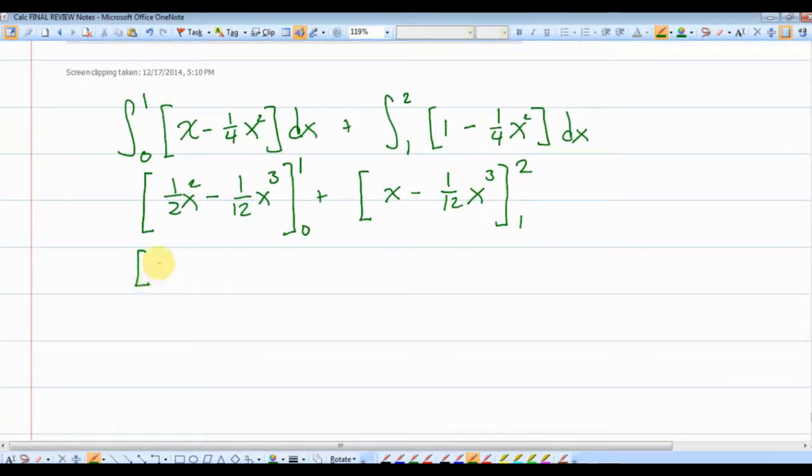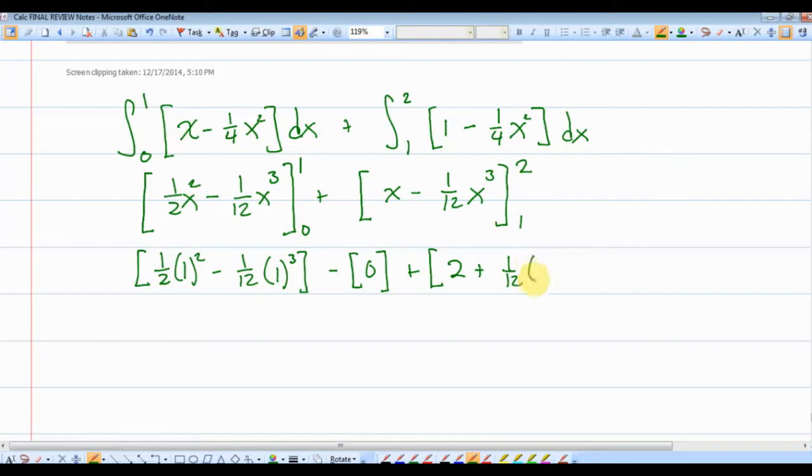Let's see. We have 1/2 of 1 squared minus 1/12 of 1 cubed, minus, okay, that's 0, plus 2 minus 1/12 of 8, minus 1, minus 1/12 of 1 cubed. Now I'm a little suspicious because I think things are going to cancel out here, but I want to make sure.